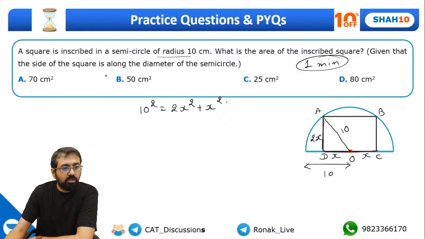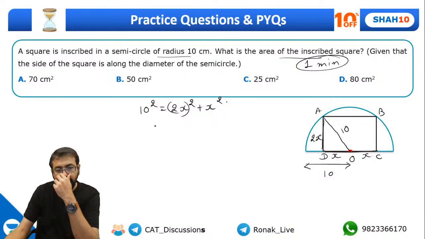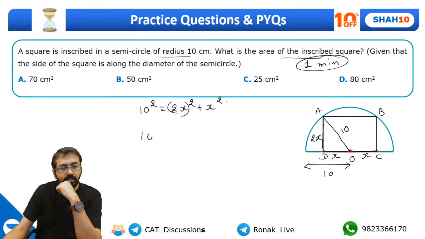What do we need to find out? The area of the inscribed square, right? So you will get 2x whole square. So we'll get 100 is equal to 5x square.